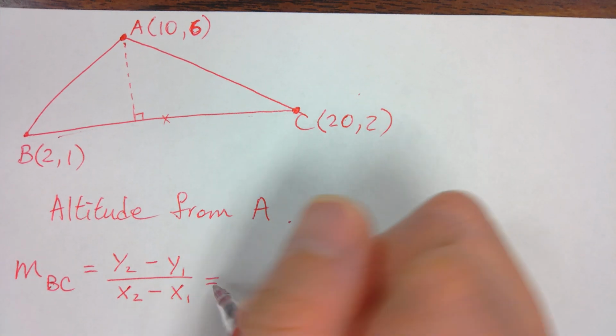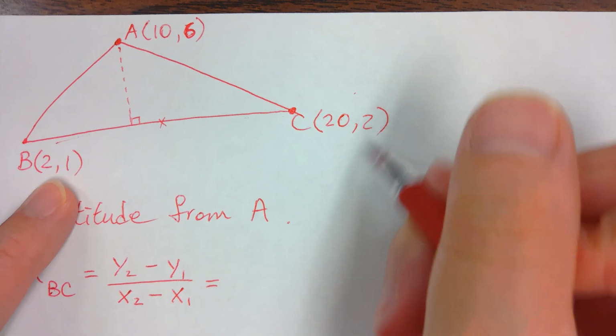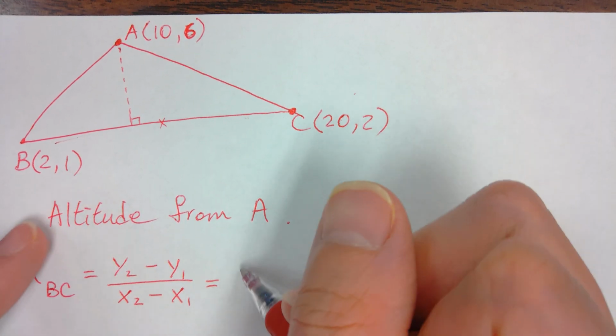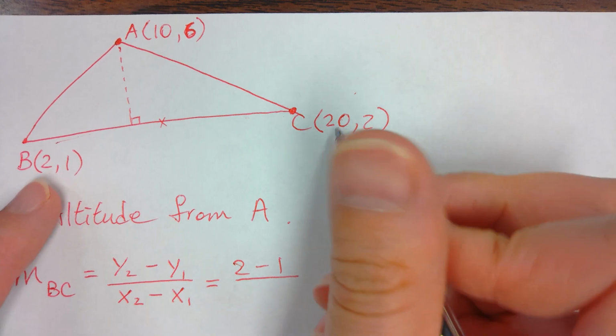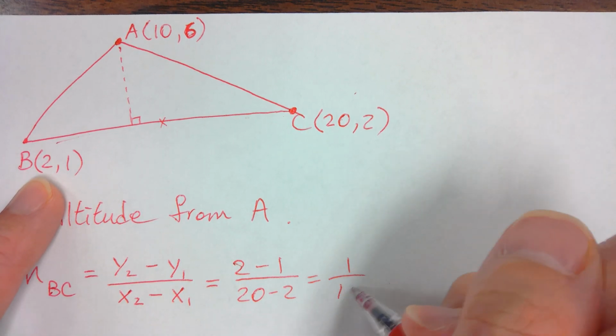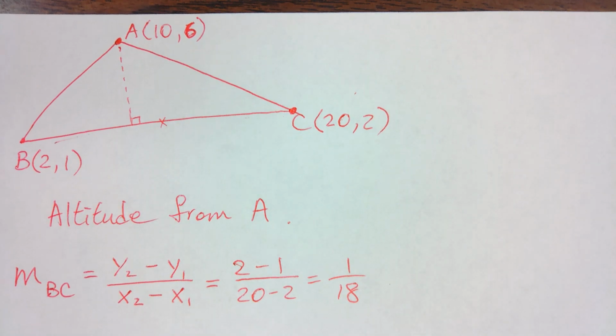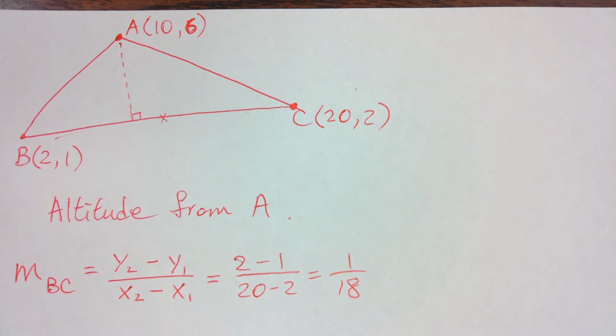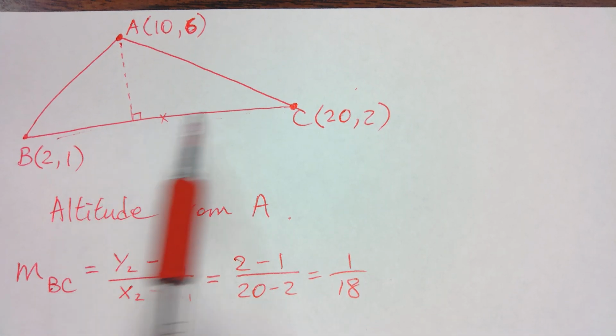So using these points, y2 minus y1, so 2 minus 1, over 20 minus 2. So I get 1 over 18. That's my slope. I found the slope of this line right here.